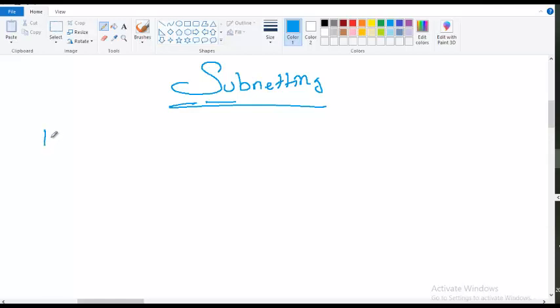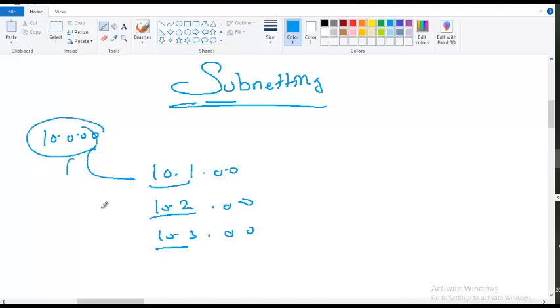For example, 10.0.0.0 is one network, but I can break it down by saying 10.1 is one network, 10.2 is another network, 10.3 is another network. This is what we call subnetting, breaking down one network into multiple networks.